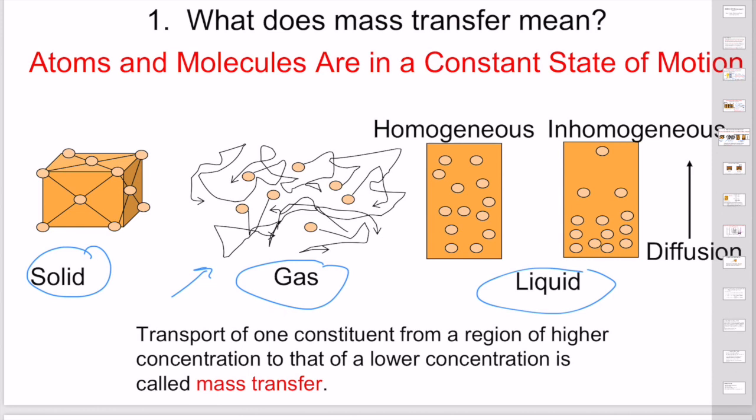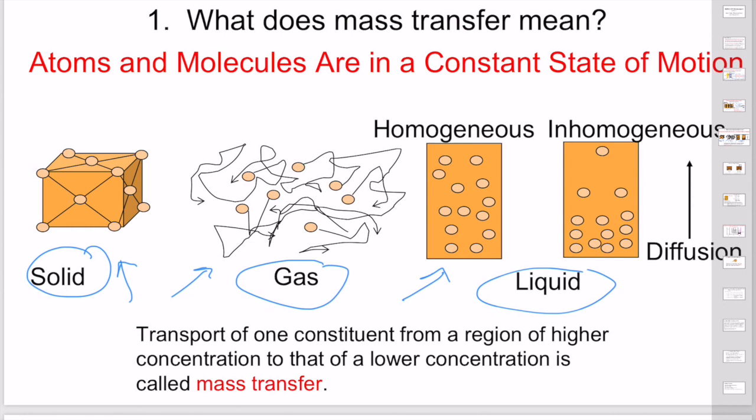And it's happening not only in the gas, it's also happening in the liquid phase, and it's even happening in the solid phase. But in the liquid phase, it's happening less than in the gas, and the solid even less.